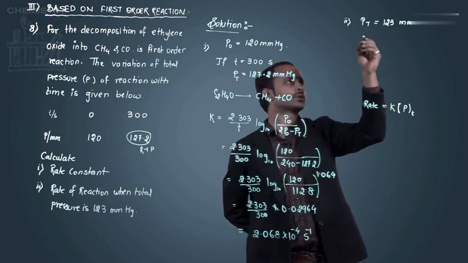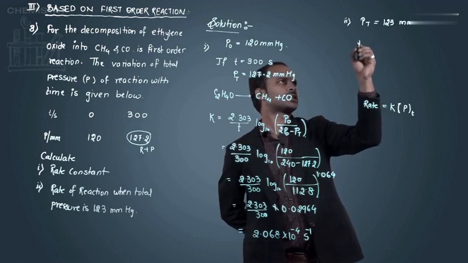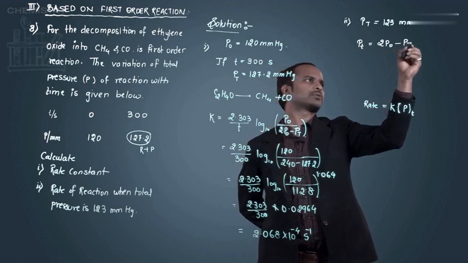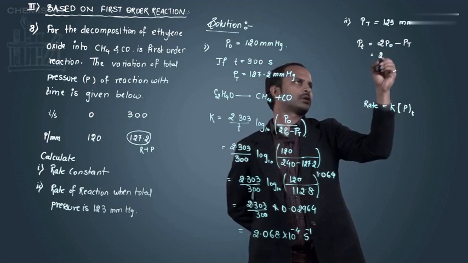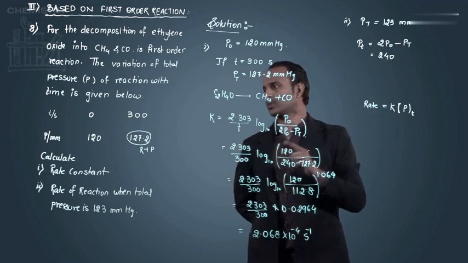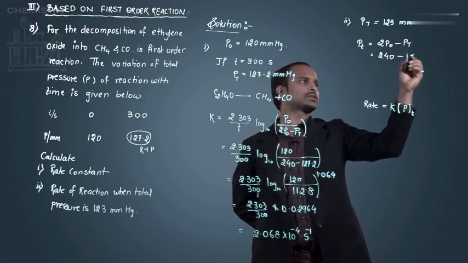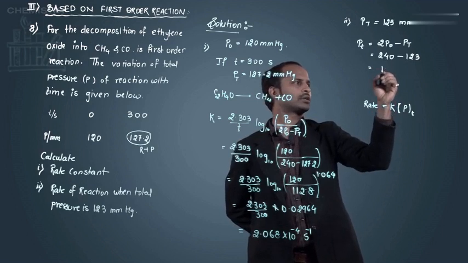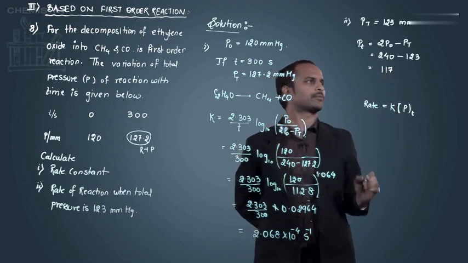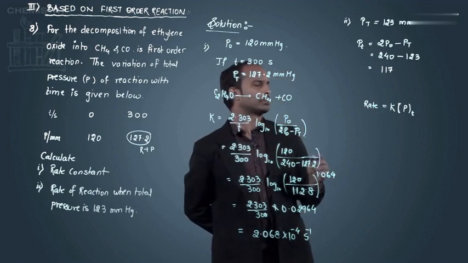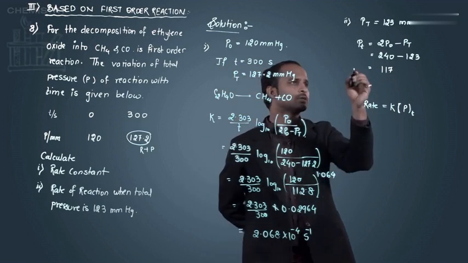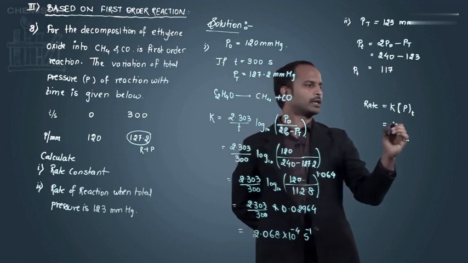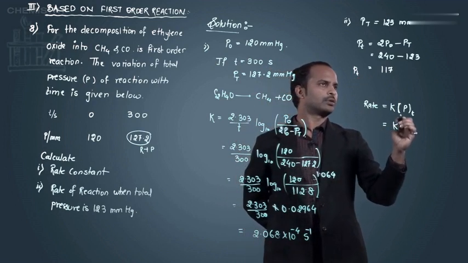This is total pressure. So we have a relation again, PT is equal to 2P naught minus the total pressure. So from here it is 2P naught, that is 240, again 120 double, minus the total pressure, which is now 123, so it is going to be approximately 117. So PT is 117, so rate is equal to K into PT.